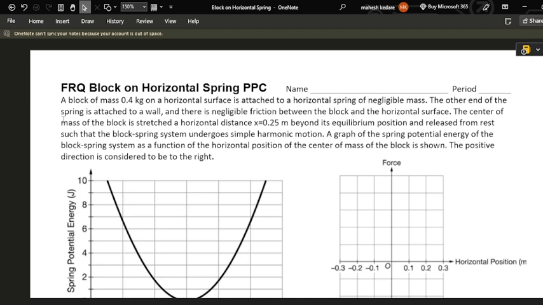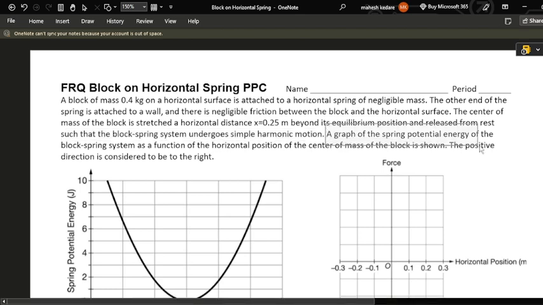The center of mass of the block is displaced a horizontal distance 0.25 meters beyond its equilibrium position. So that represents the amplitude of the oscillation. The mass is released from rest, such that the block-spring system undergoes simple harmonic motion.